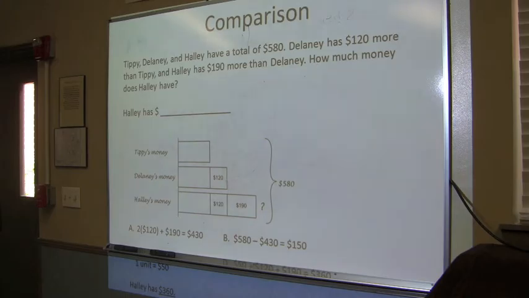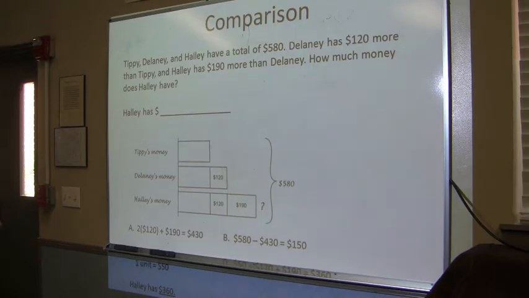Okay, so let's go through that again. The unit bars start out the same. Delaney has 120 more than Tippy, so that 120 is added to it. And we're flowing through the question, step by step, statement by statement, phrase by phrase. Then we come to Haley's money is $190 more than Delaney's, so we have to add on another little bar to it with $190 in it.